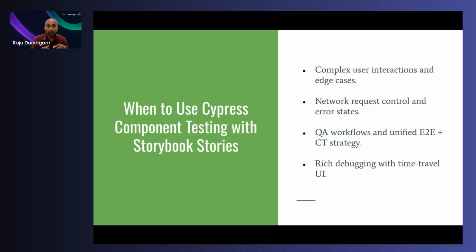So when does Cypress component testing shine? When does it actually make an impact? It makes more sense when we are testing complex interactions. It could be complex forms, onboarding, or a set of wizards, where you want to test them as a whole component and cover all the use cases.